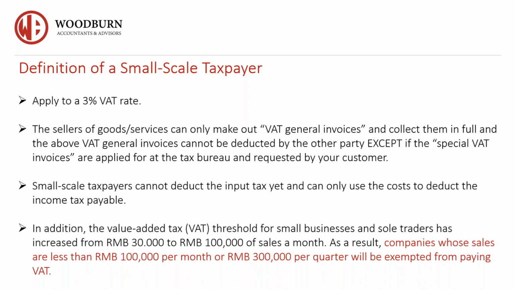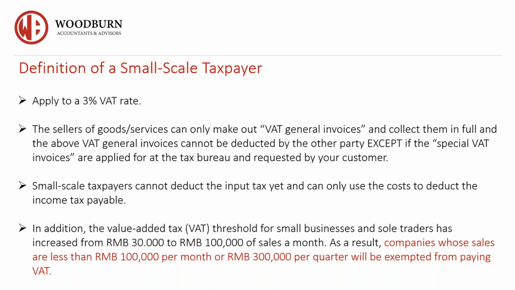Now, there have been changes. You cannot issue a VAT special invoice yourself, meaning through your printer and your system. If a customer requests it, you can go to the tax bureau and have them issue the VAT special invoice on your behalf. It's not the most efficient and convenient, but you have the ability to do that.